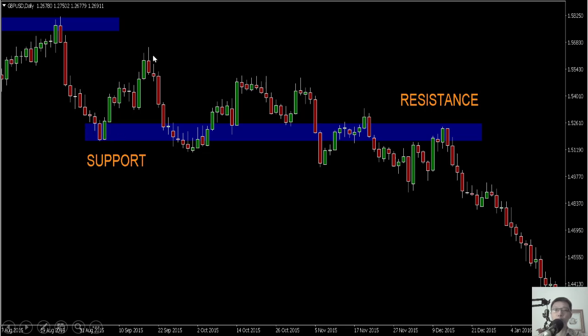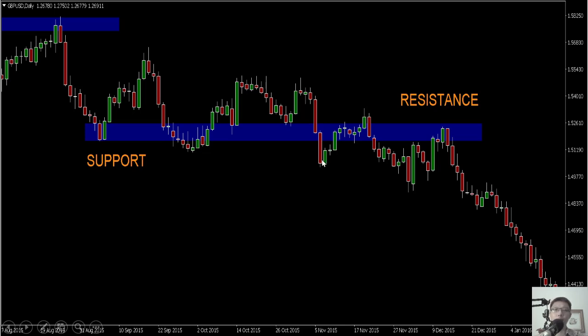And sellers once again try to push the price lower until it breaks below this support, and buyers come in, push the price to the upside and fail once again. Buyers push again and fail again because they cannot close above this high. And then sellers, a very big candle, one candle, two candles, big bearish candle.